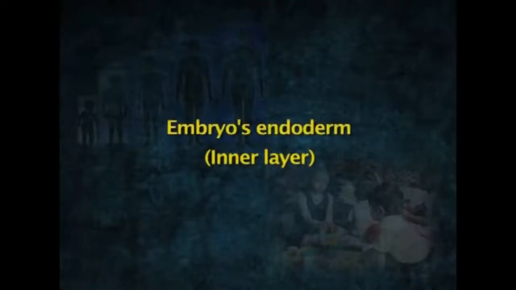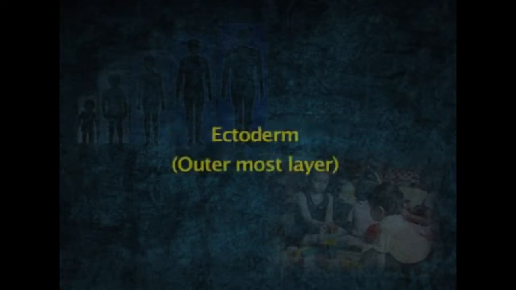The embryo's endoderm is the inner layer of the cells, which develops into the digestive system and respiratory system. The next layer is the ectoderm, which is the outermost layer, which becomes the nervous system and the sensory receptors. The sensory receptors are the ears, nose, eyes and the skin.